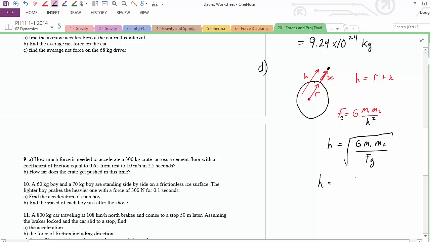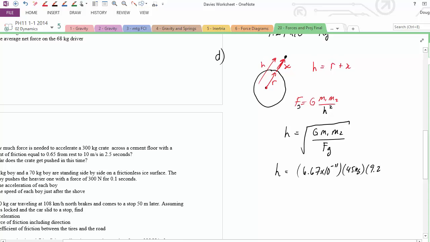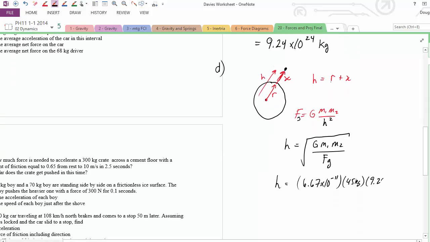So h equals 6.67 times 10 to the negative 11, times 45 kilograms, times 9.24 times 10 to the 24 kilograms, divided by 300 newtons, and take the square root of that.